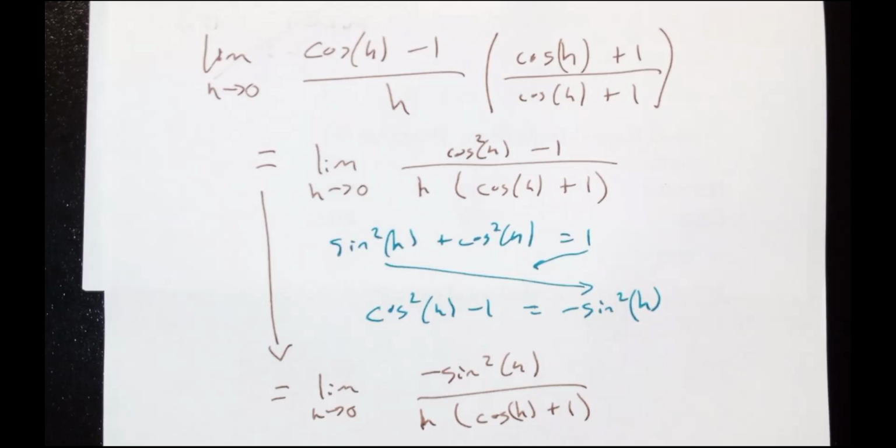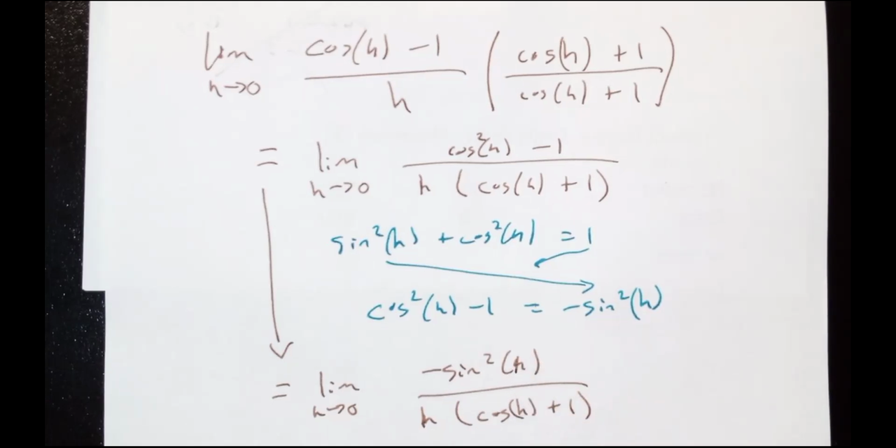In the back of your mind, I am sure what you are saying is, Dr. Sassmore, this isn't getting any nicer. It still sucks. Yes, it does. So I'm going to fix that right here. Sine squared means sine times sine, right? So let's break those into 2 separate signs.